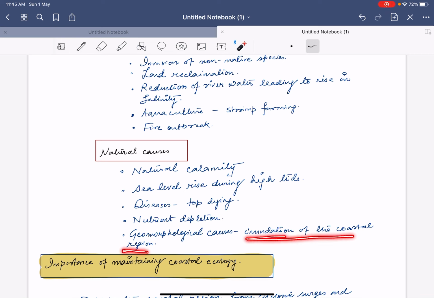What does inundation mean? The coastal region is totally covered with water. This can happen due to the rise in the sea level, or the rise in the coastal level, or due to an earthquake at the coast. Such incidents can lead to the inundation of the region.